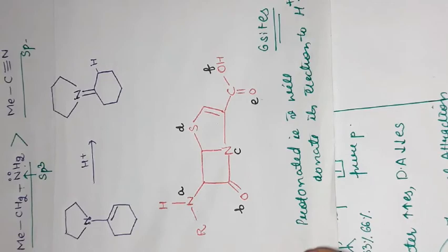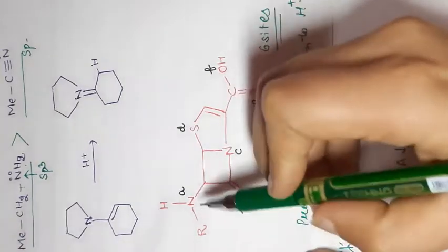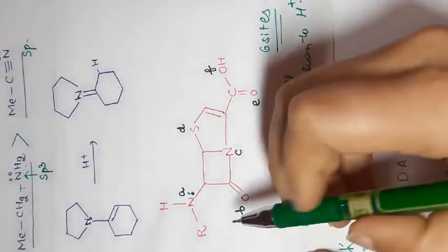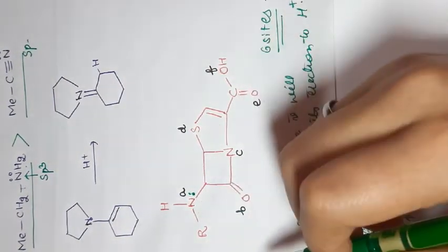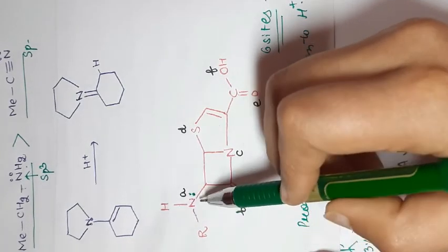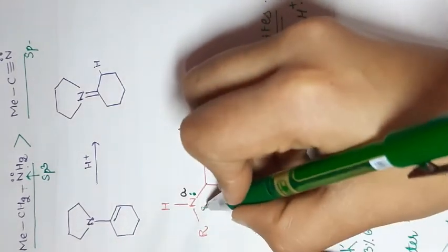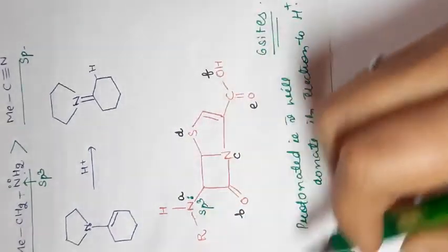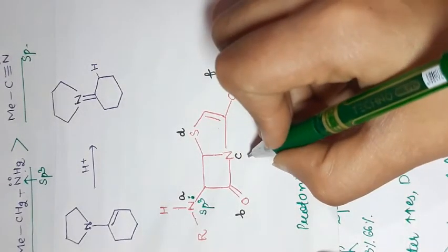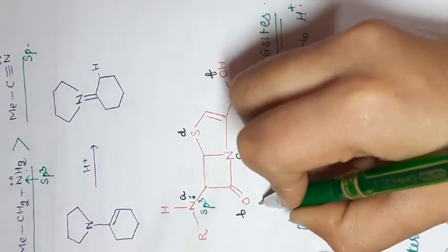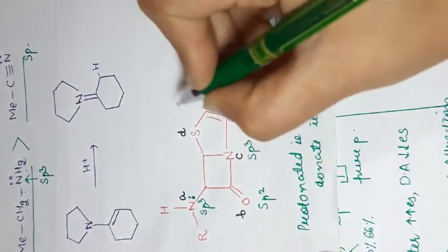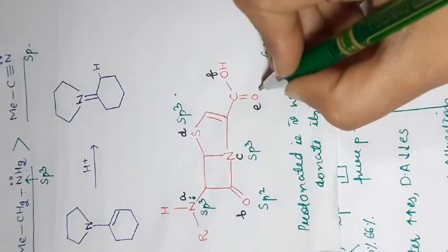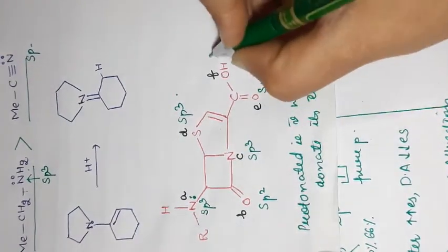Okay, so now let us first of all consider this position A. It has a lone pair of electrons. The hybridization of this nitrogen will be sp3. Now first of all we are going to mark the hybridization of all the atoms. Here the hybridization also will be sp3, here the hybridization will be sp2, here the hybridization will be sp3, here also sp2, and here sp3.